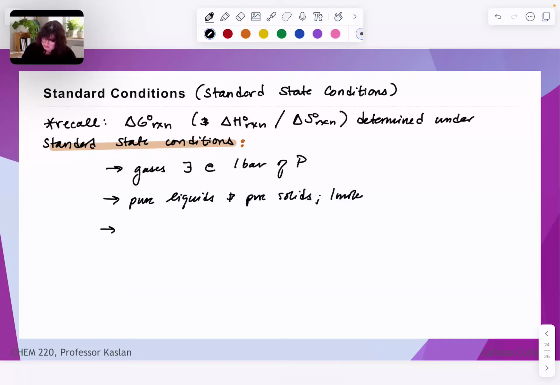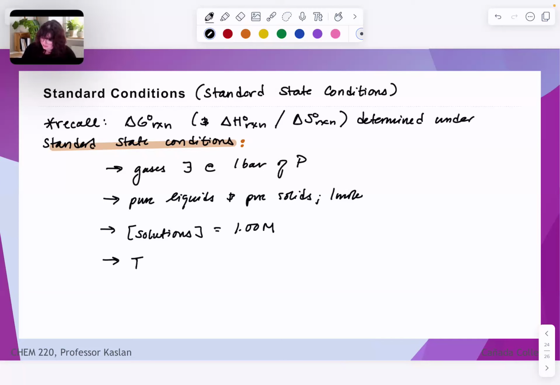The solutions that we consider are at a molarity of 1.0 molar.